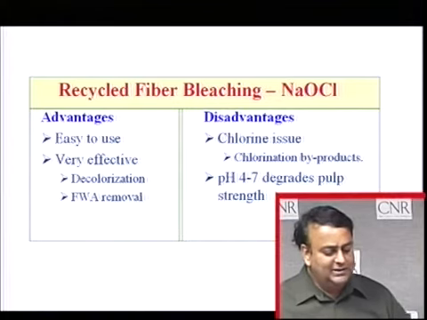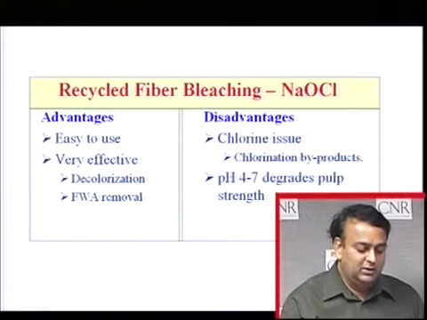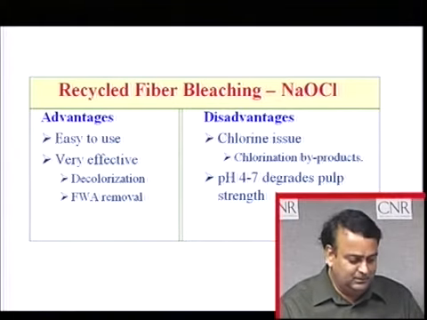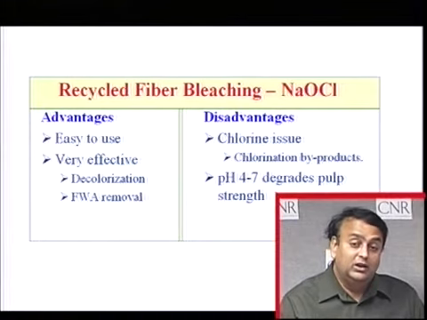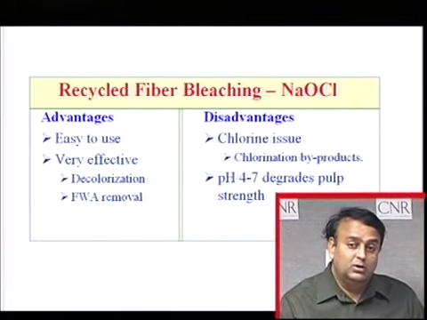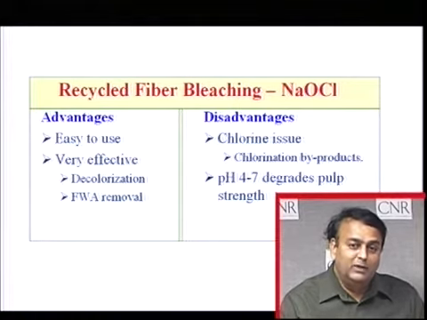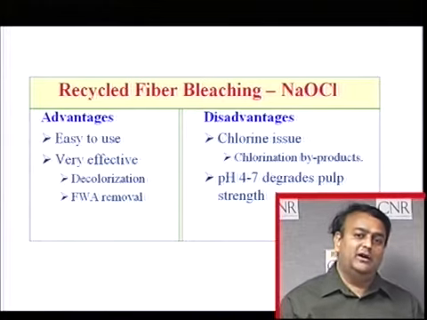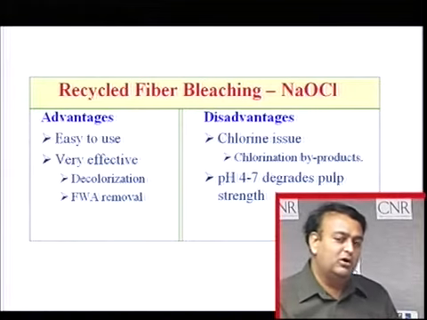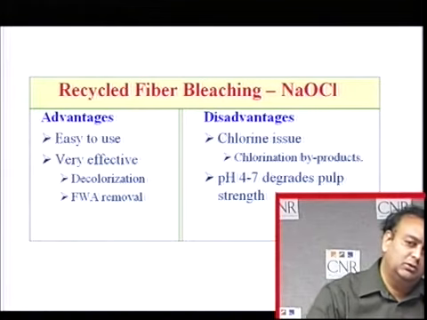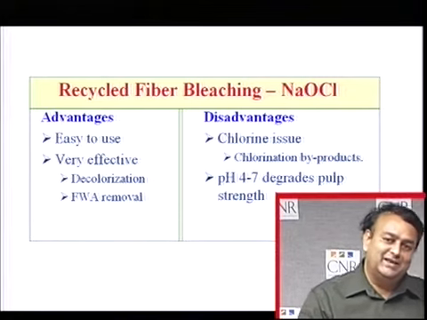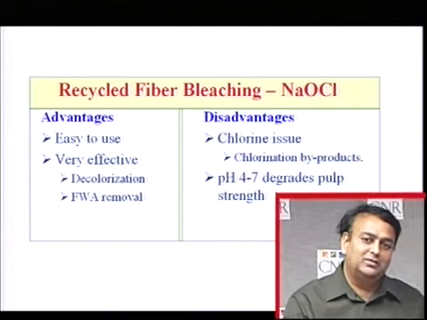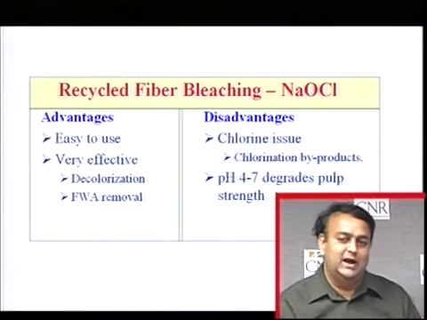What are the advantages and disadvantages of sodium hypochlorite? It's very easy to use, very effective, and it's an excellent chemical to remove fluorescent whitening agents. If your mill is making food grade, food contact grade papers, for example pizza boxes, inside it's a white liner, you don't want fluorescent whitening agent in that paper because there are some health effects associated with that.